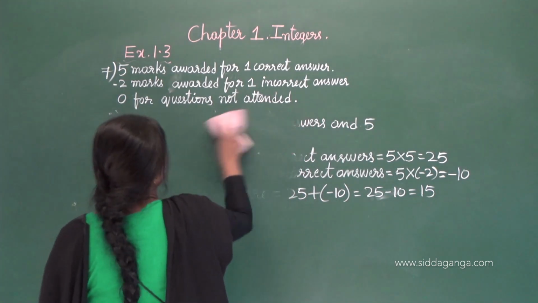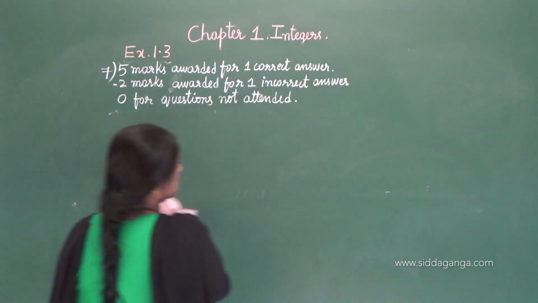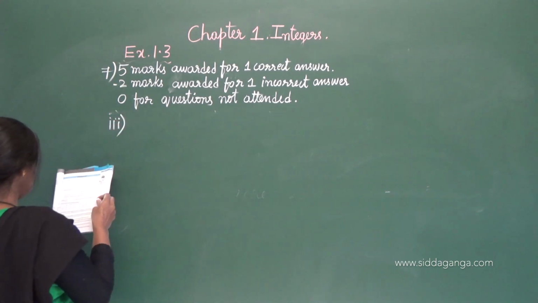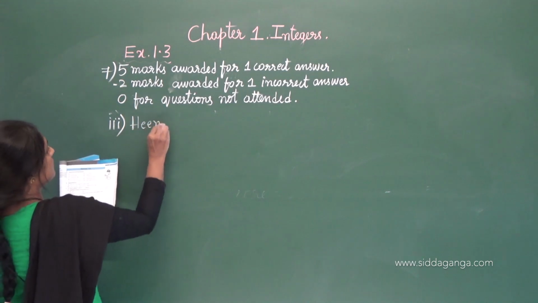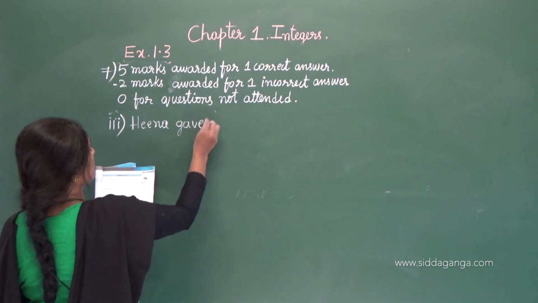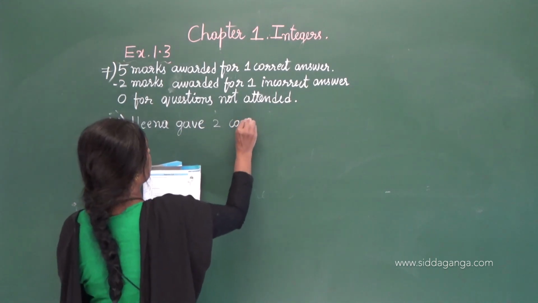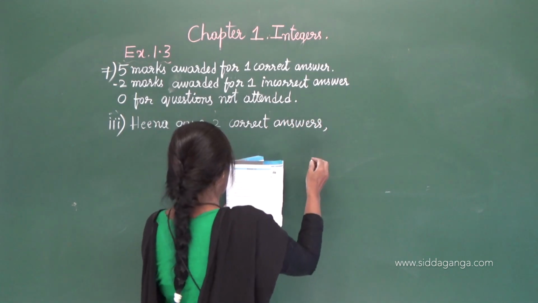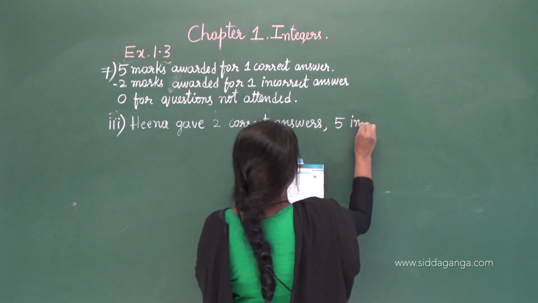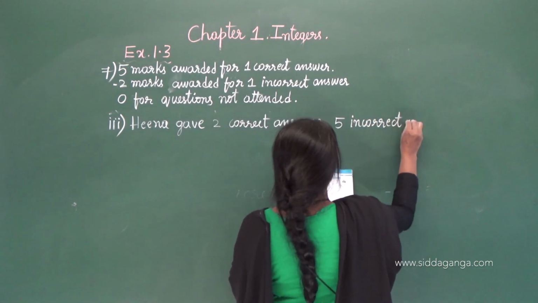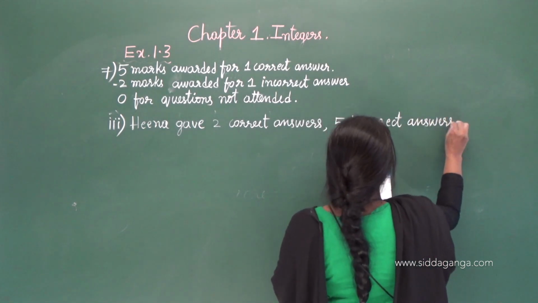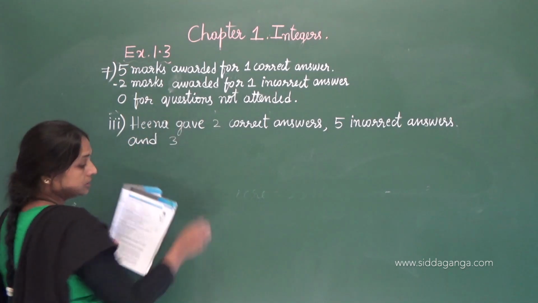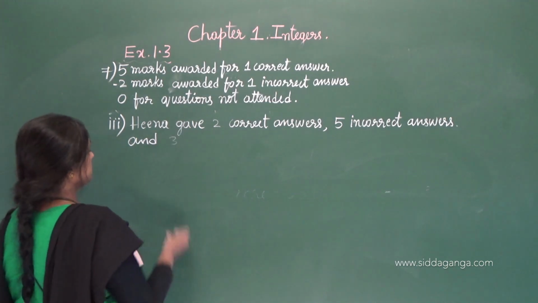For the third one, we can write like this. Hina gave 2 correct answers, 5 incorrect answers, and didn't answer for 3 questions.